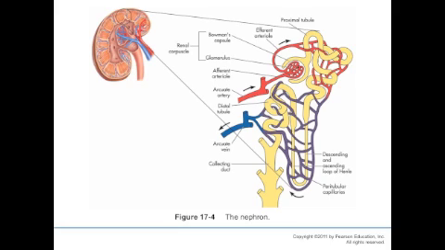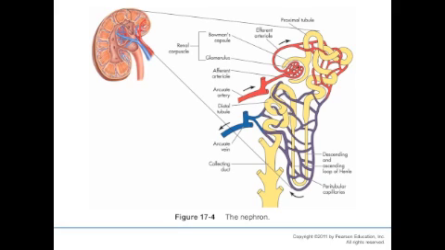The blood and other substances that are not filtered out exit the glomerular capillaries and resume flowing through the efferent arteries and continue their journey through the blood vessels and end up going back out by way of the arcuate vein.